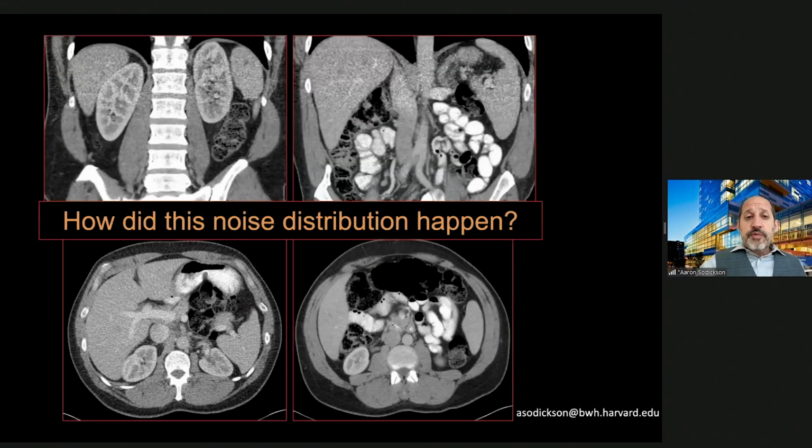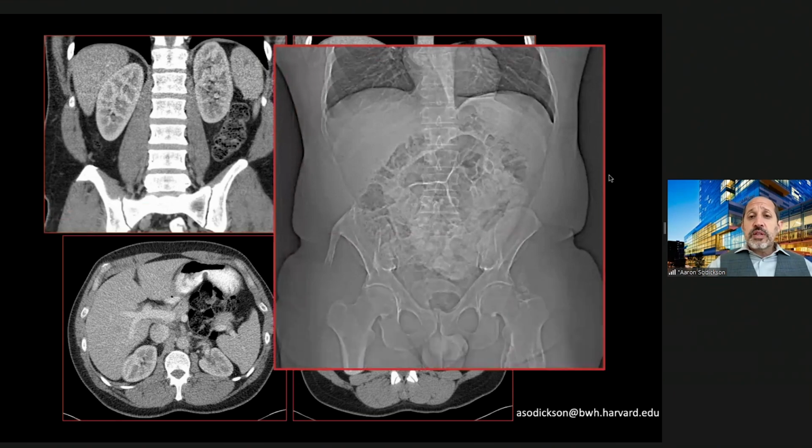So here's an example of tube current modulation gone wrong. This does not have equivalent image quality from top to bottom. You can see in the liver here, we have much more noise up towards the head and much less noise towards the feet. What happened here is we did the planning projection radiograph.